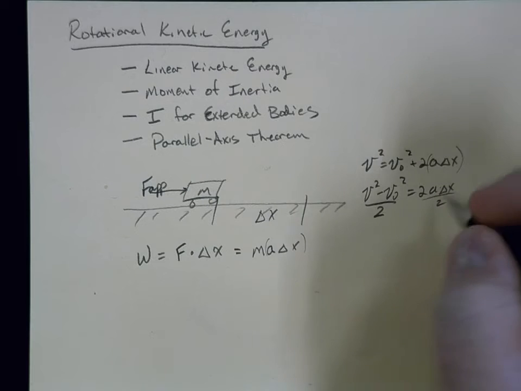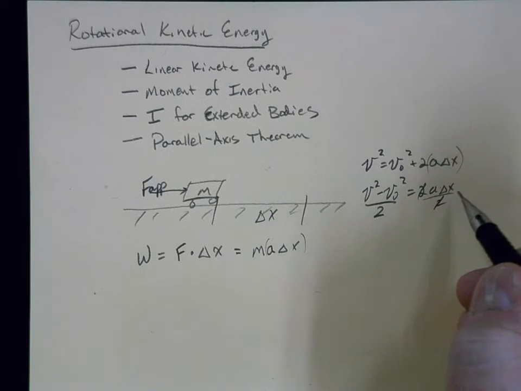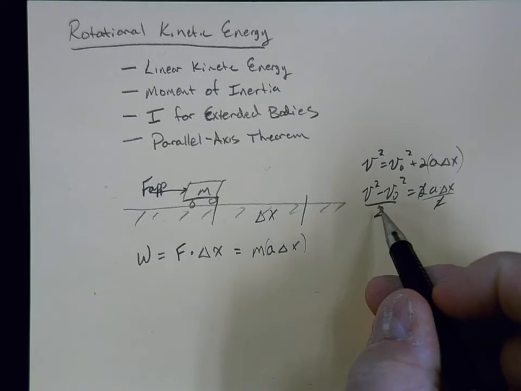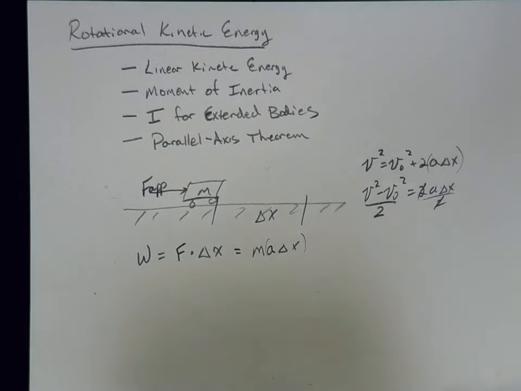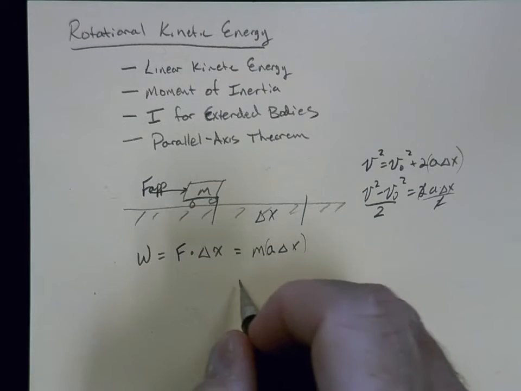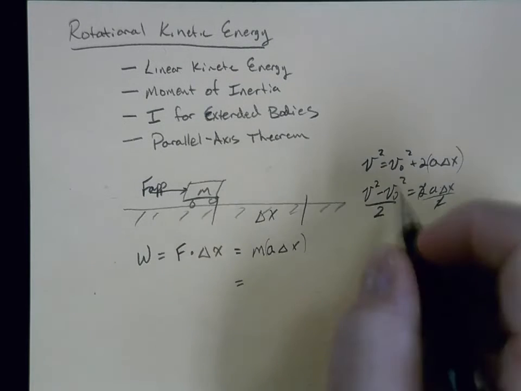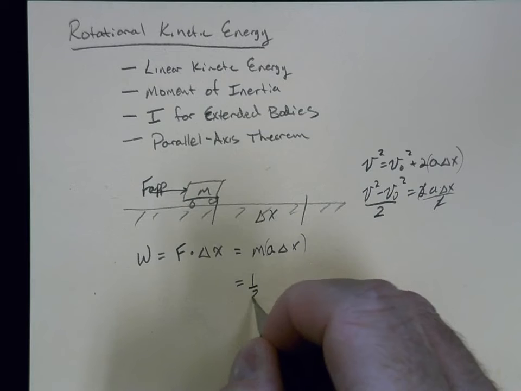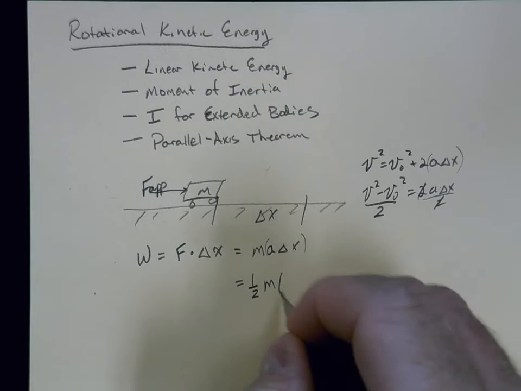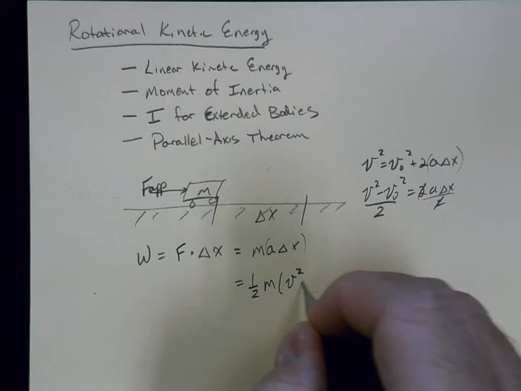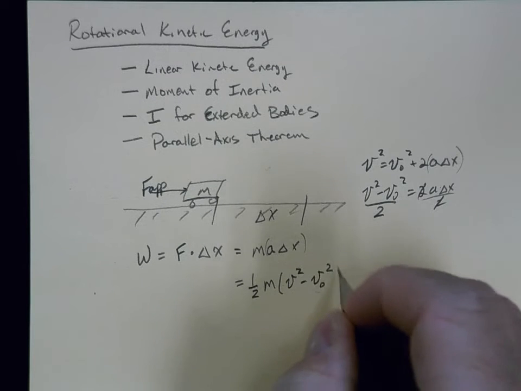And lo and behold, our acceleration times our displacement, a delta x, equals v squared minus v naught squared over 2. We can then plug that value into our a delta x here, and that's going to equal, moving the 1/2 out front, our mass times our velocity squared minus our initial velocity squared.